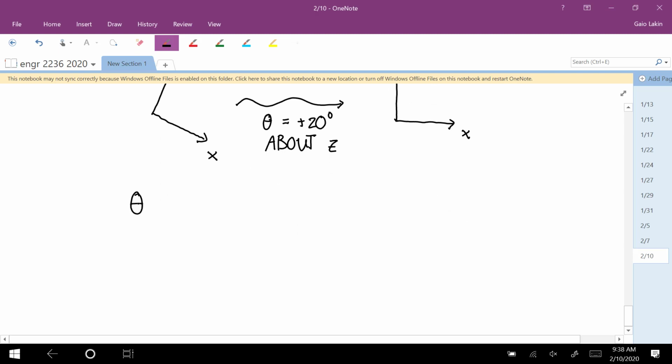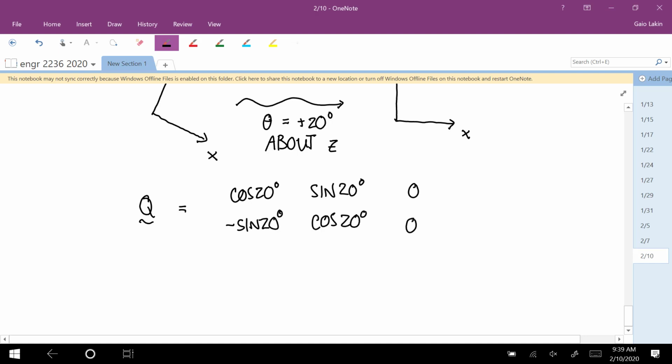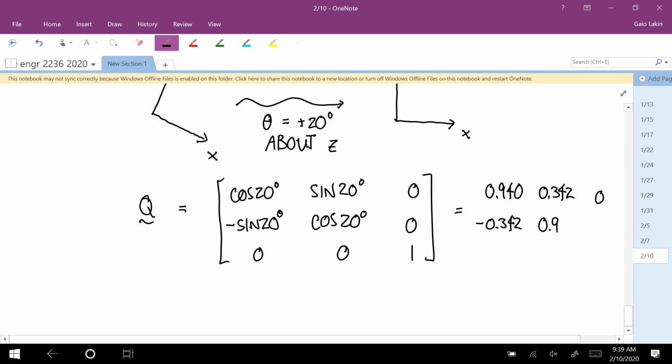So the rotation matrix Q is cosine 20, sine 20, 0, negative sine 20, cosine 20, 0, 0, 0, 1. So that's 0.940, 0.342, 0, negative 0.342, 0.940, 0, 0, 0, 1.